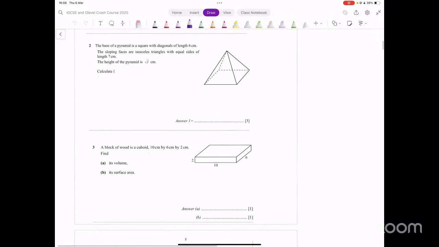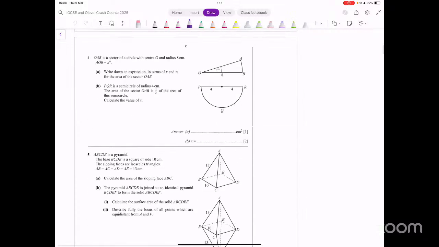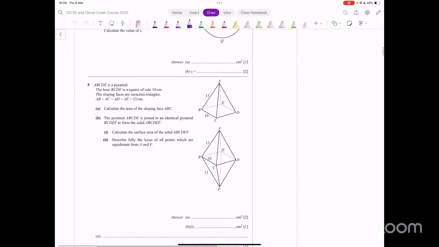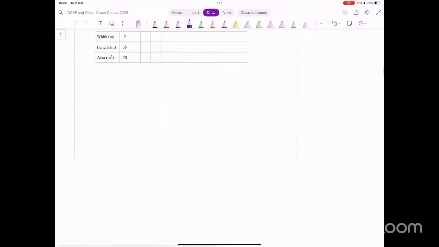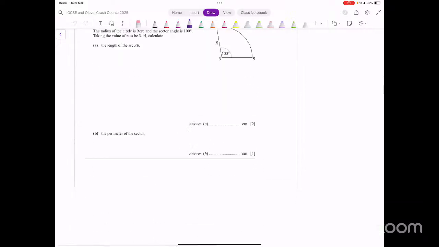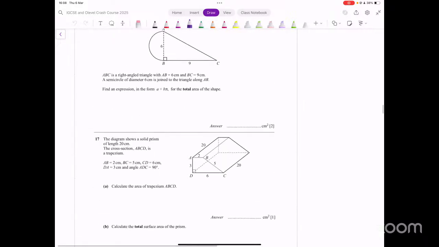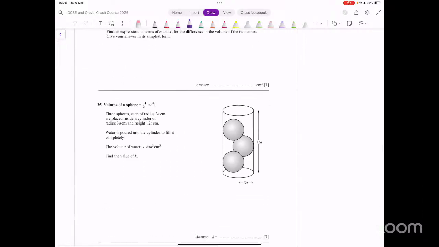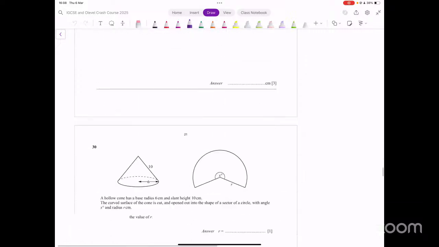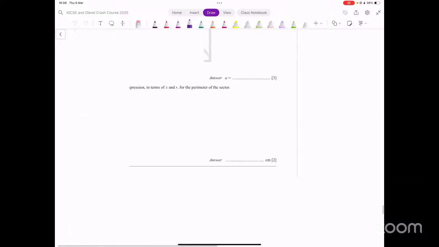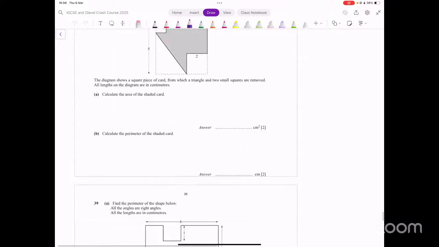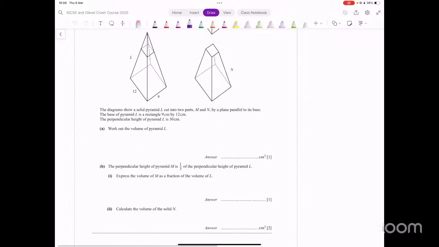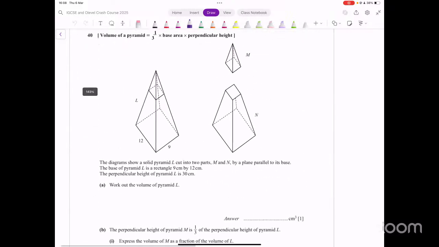Let's find one on pyramid first. Okay, this looks like a good one. Let's try this. This is question number 40 from this non-calculator worksheet.